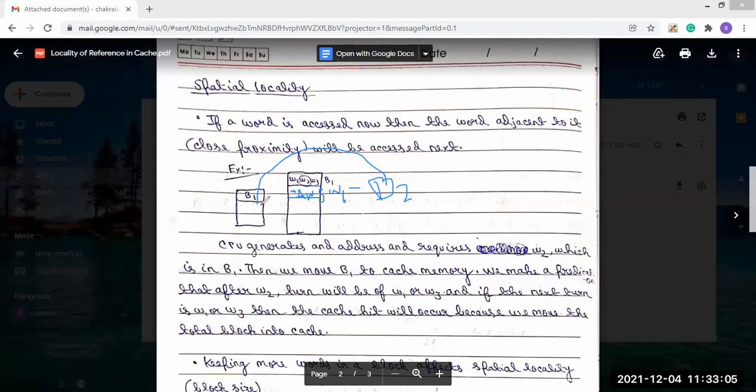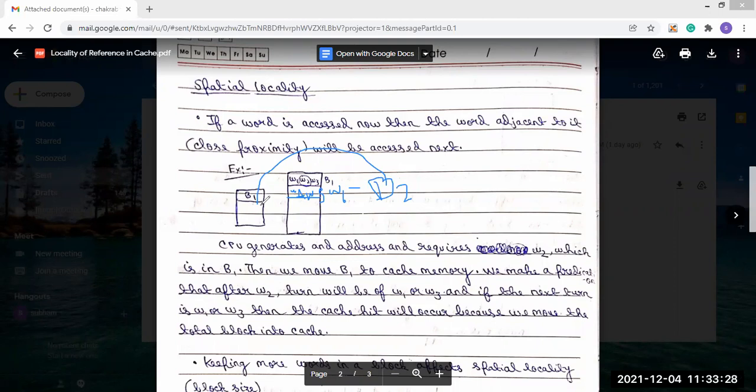For this reason, we want to accommodate more words in a block, because we know that the CPU has the tendency to access the next or adjacent words.